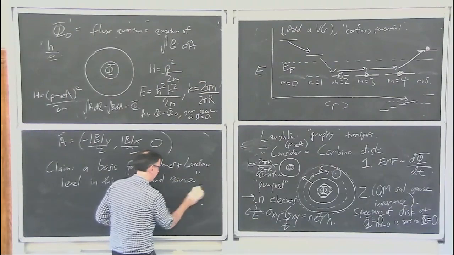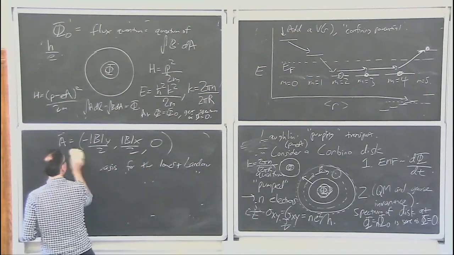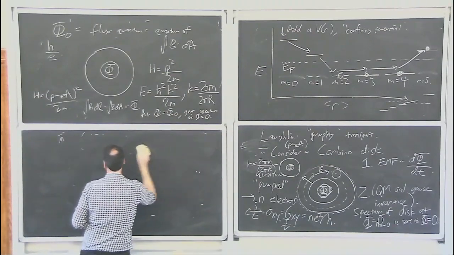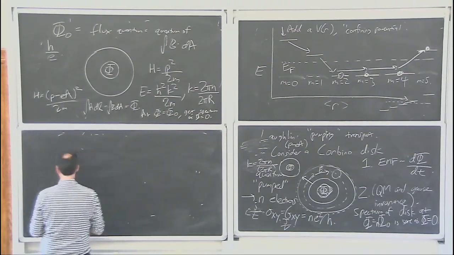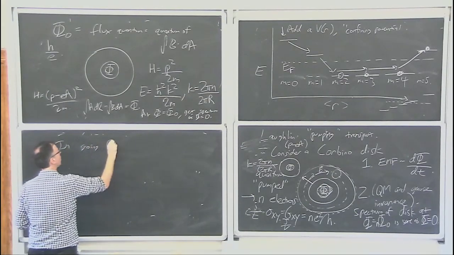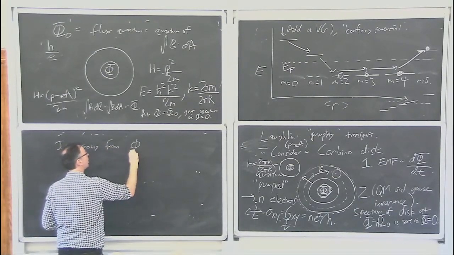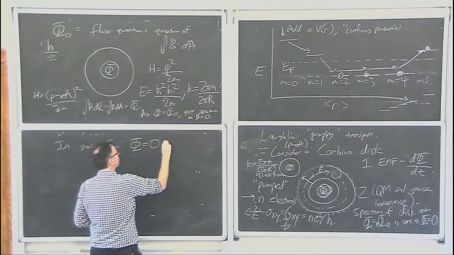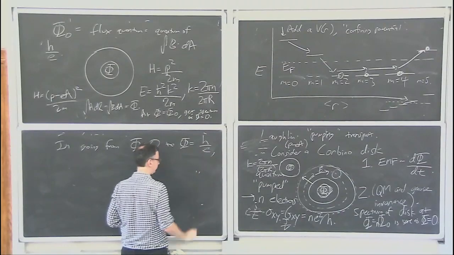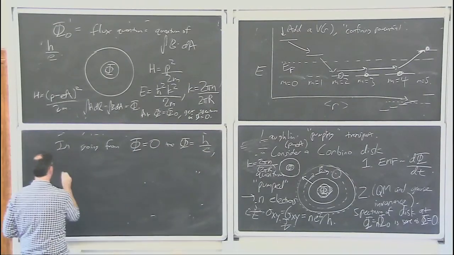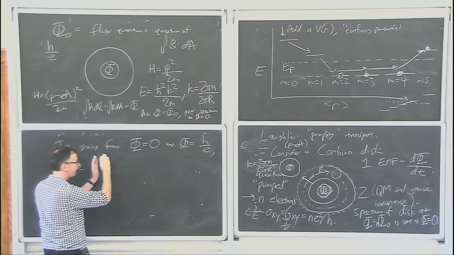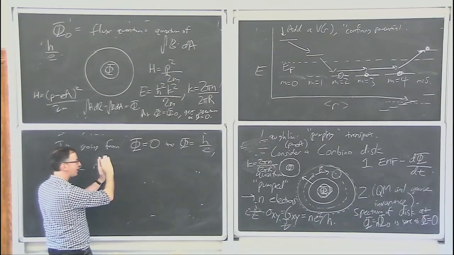What have I done in the process of a flux quantum? So in going from phi equals 0 to phi equals h over e, we usually think of it as a slow process.